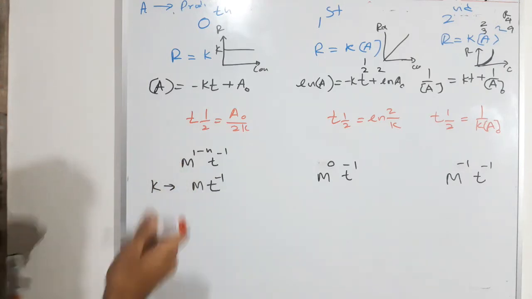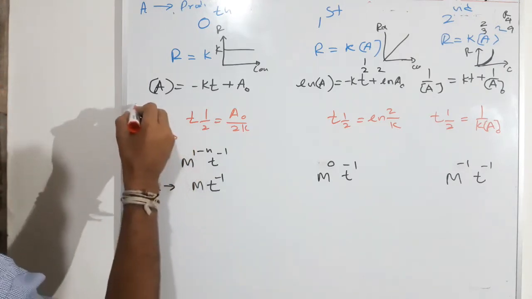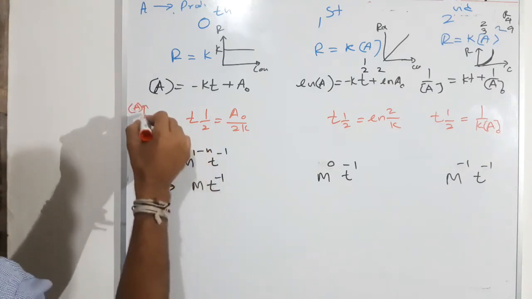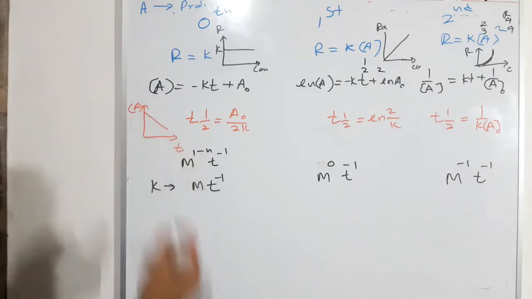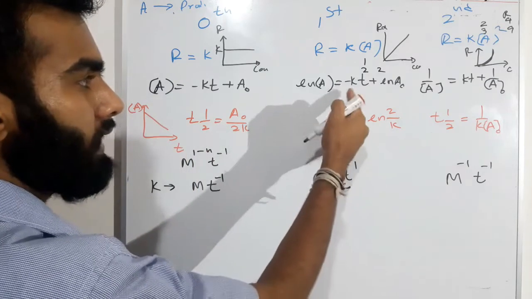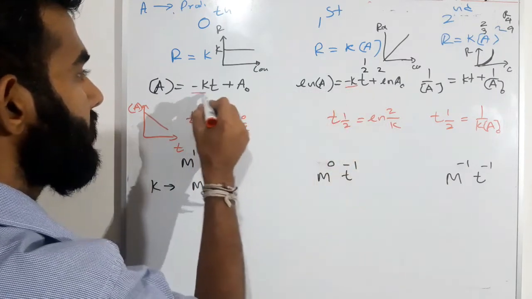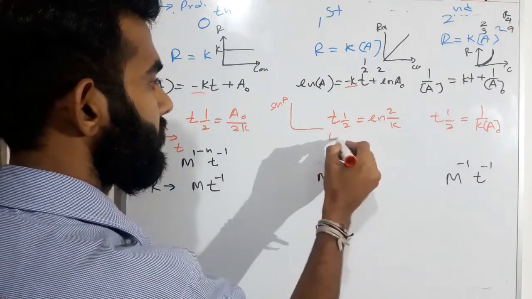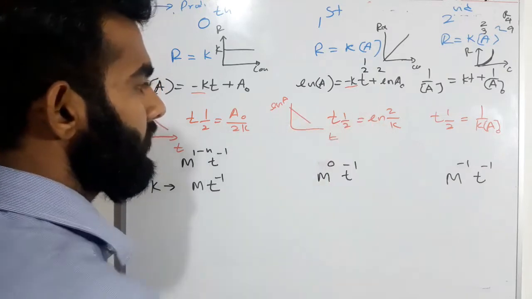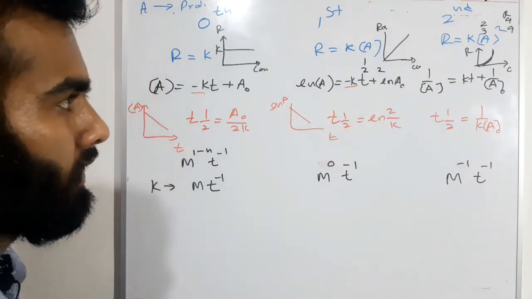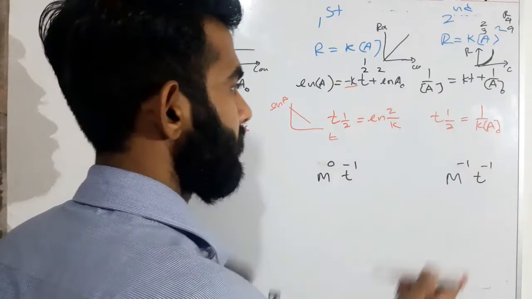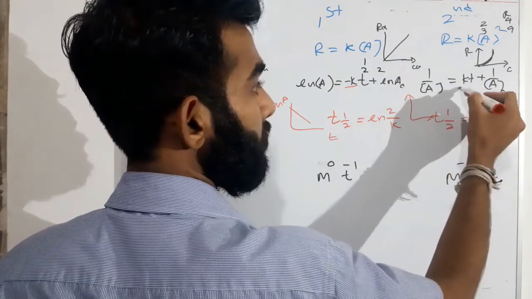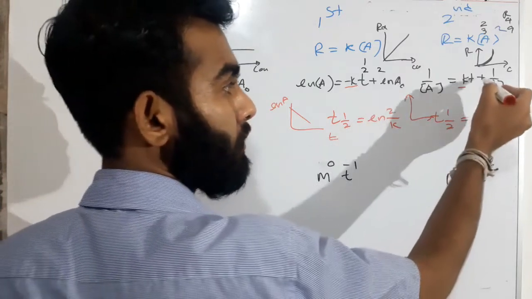What about the graph of the integral form equation? Here A versus t was like this, a negative gradient. Here also it has a negative gradient, minus k. Here ln A versus t also has a minus k gradient. What about here? It has a positive gradient and a positive intercept.